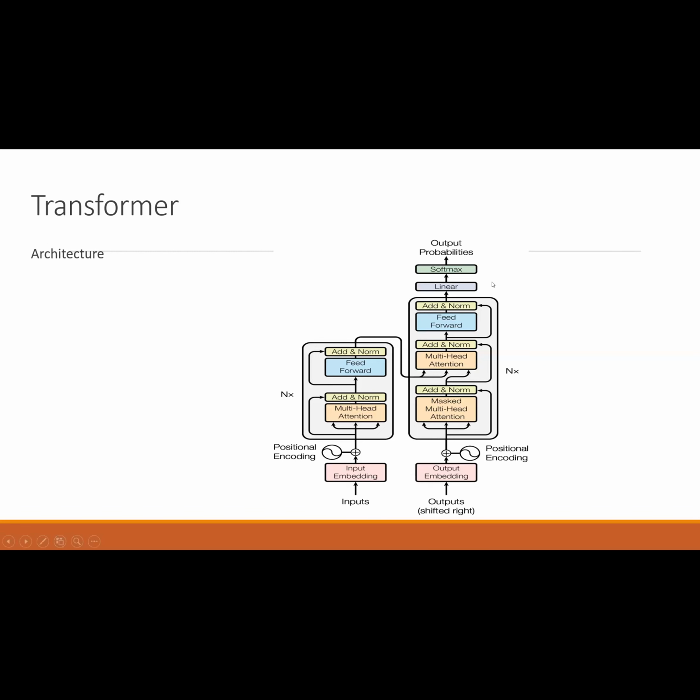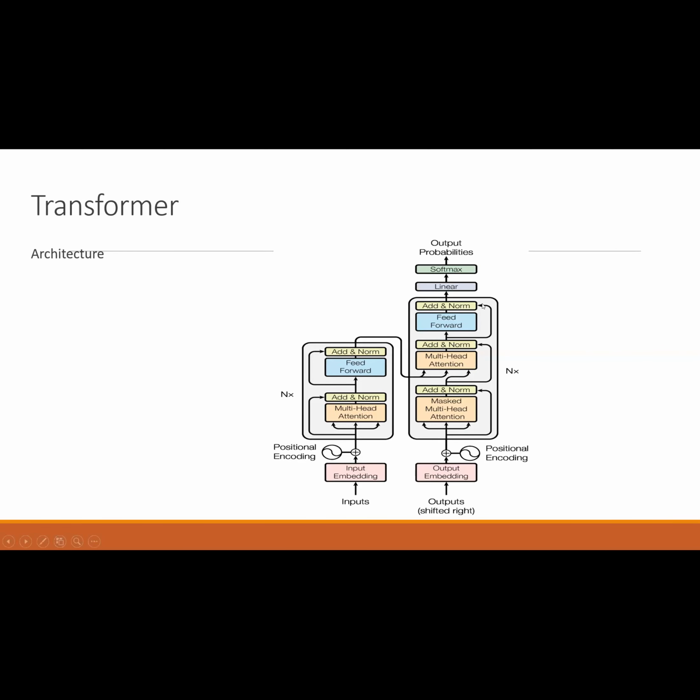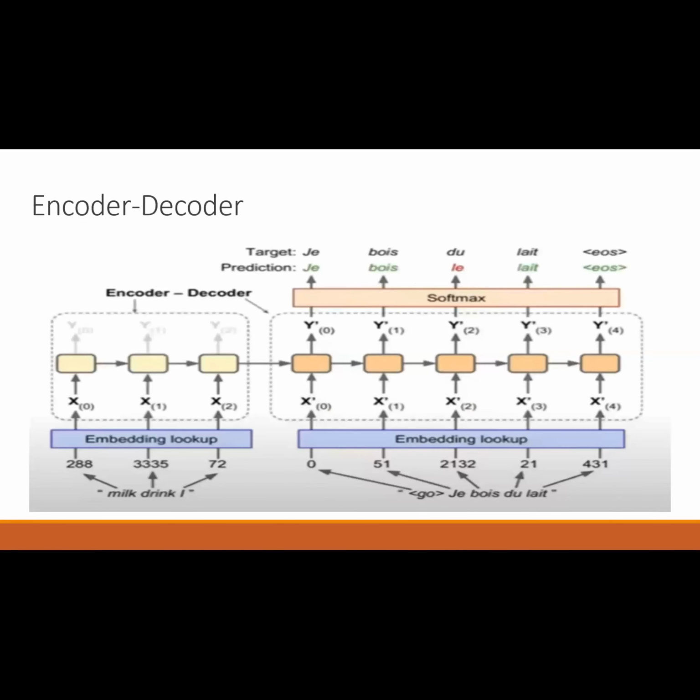Here we are also using activation functions, softmax and linear. Since all the text inputs and outputs are based on mathematical calculation, it will predict the next token or text based on probability only, that is, output probabilities. So this is the entire transformer architecture. Inside the transformer we have encoder and decoder structures.